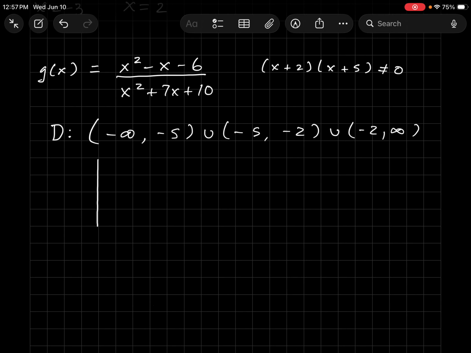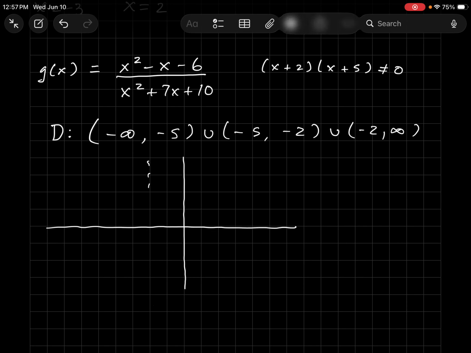And now I'm going to plot my vertical asymptotes, at least what I think the vertical asymptotes are. I think I should have vertical asymptotes at x equals negative 2 and x equals negative 5.